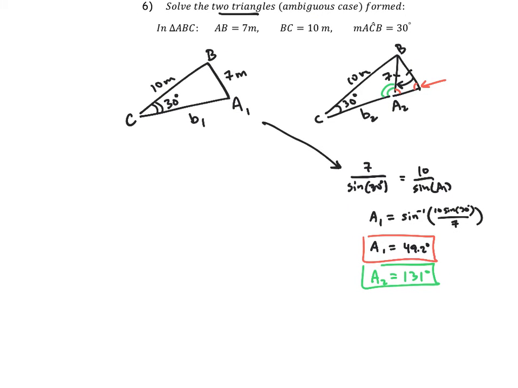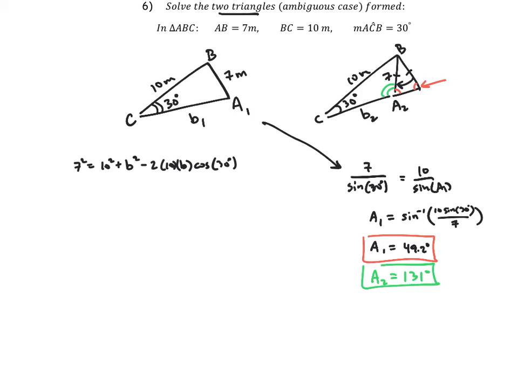So I'm going to set up using the law of cosines. 7 squared is equal to 10 squared plus B squared minus 2 times 10 times B times the cosine of 30.